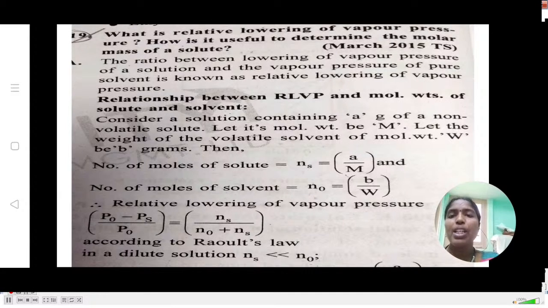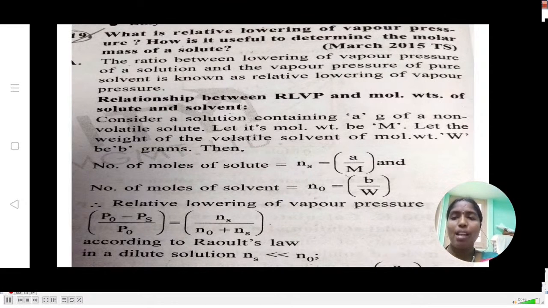Okay, substitute these Ns and N0 values in relative lowering of vapor pressure. So relative lowering of vapor pressure (P0 minus Ps) by P0 is equal to Ns by (N0 plus Ns).